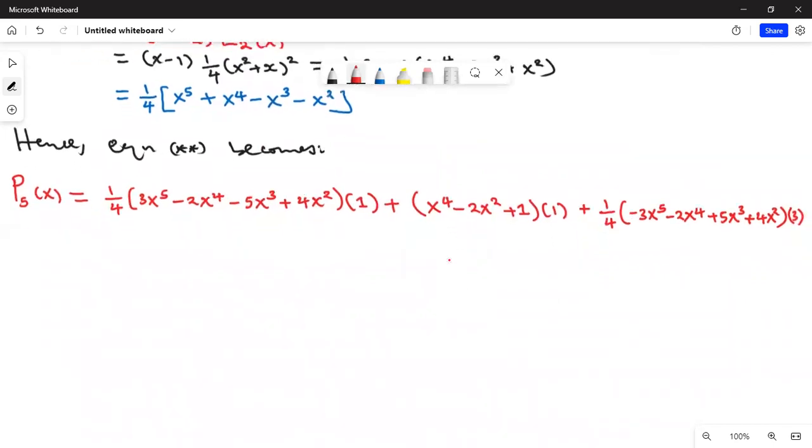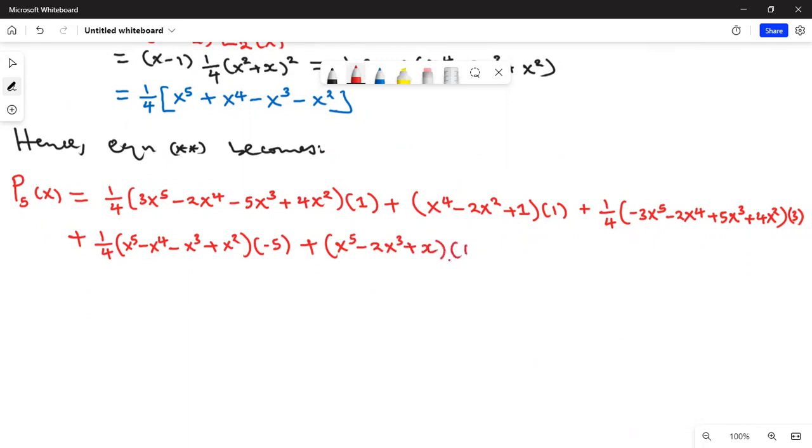Then there was also plus B naught. Our B naught, we have found 1 over 4 times x raised to 5 minus x raised to 4 minus x cubed plus x squared, times F naught prime, that was negative 5, plus now B1 was x raised to 5 minus 2x cubed plus x.